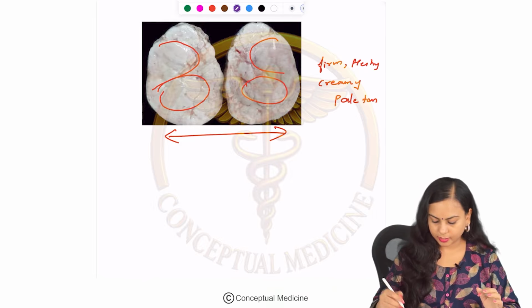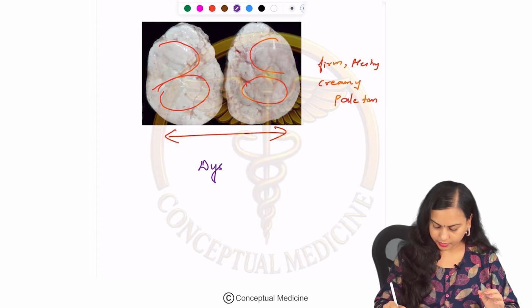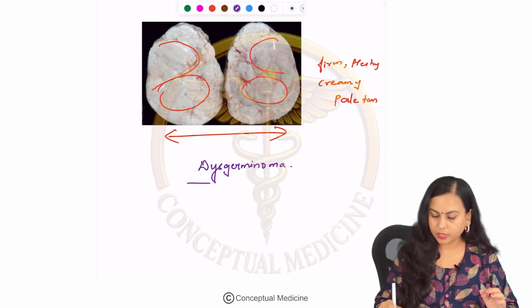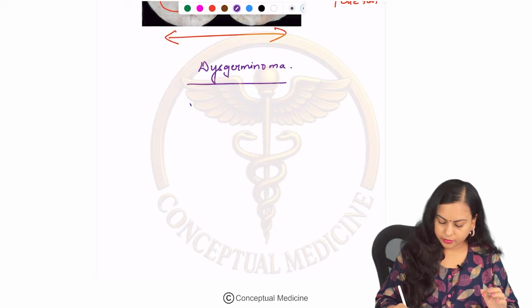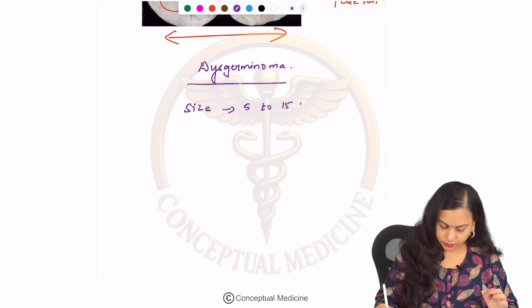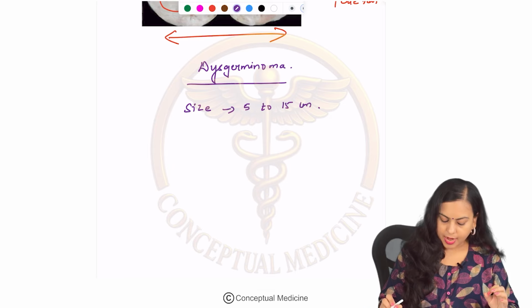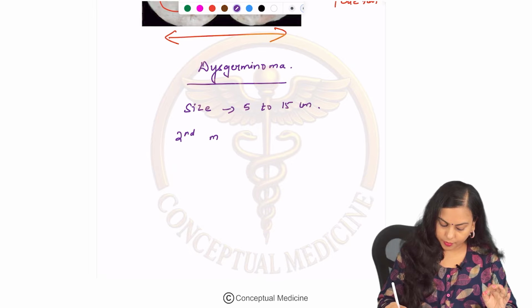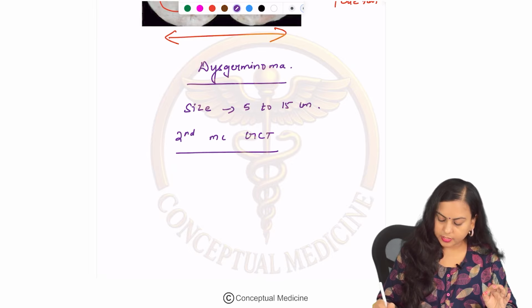So this is nothing but your dysgerminoma. The size of the tumor is somewhere between 5 to 15 centimeters, and this is the second most common germ cell tumor till now.